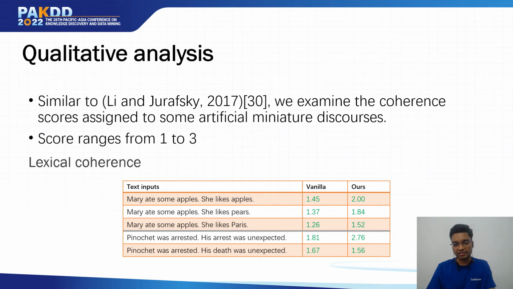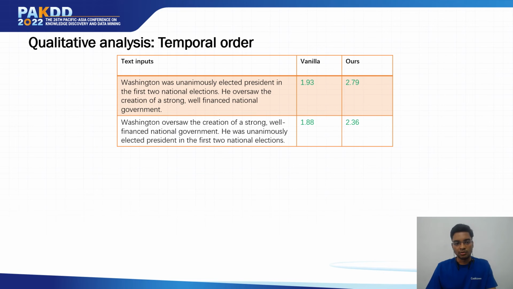Both the vanilla transformer and our fact-aware multitask transformer are able to give lower scores for the last sentence and a higher score for the first sentence, which is most coherent in terms of lexical coherence. The same goes with the second example as well.